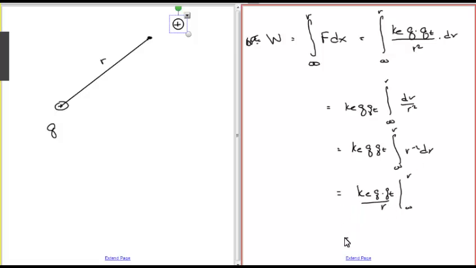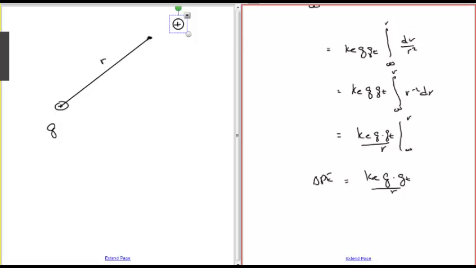So ultimately, the change of potential energy due to a point charge is k sub e, Coulomb's constant, times Q times the test charge divided by r. This is delta potential energy. If you divide both sides by the test charge, the change of potential energy per unit charge is equal to Coulomb's constant times the charge of the particle in question divided by r.